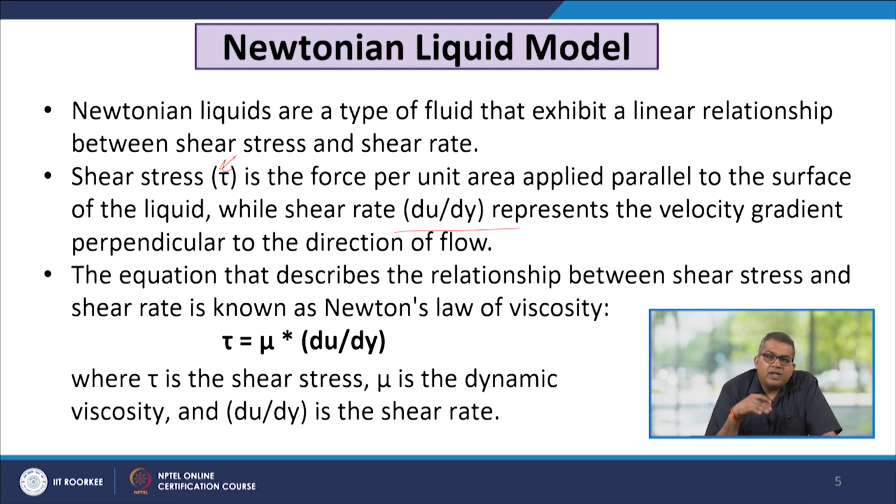The equation that describes the relationship between the shear stress and the shear rate is known as Newton's law of viscosity, and mathematically it can be represented as tau is equal to mu into du over dy, where tau is the shear stress, mu is the dynamic viscosity, and du over dy is the shear rate.